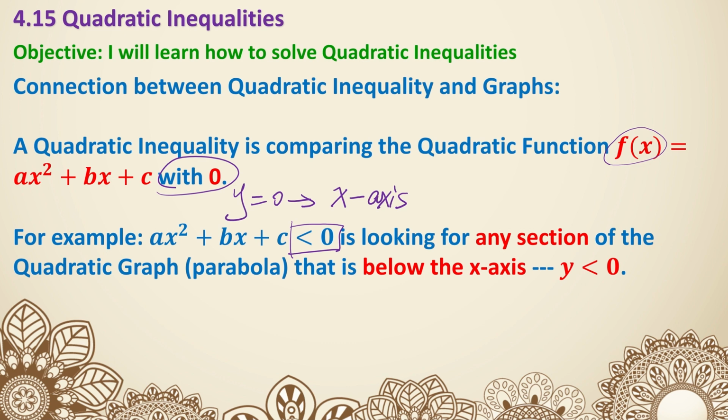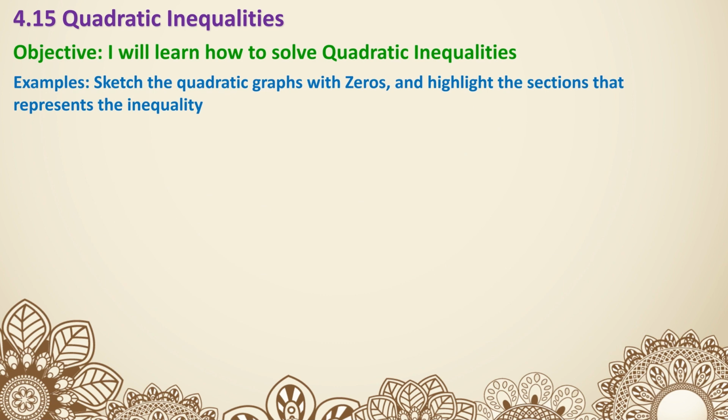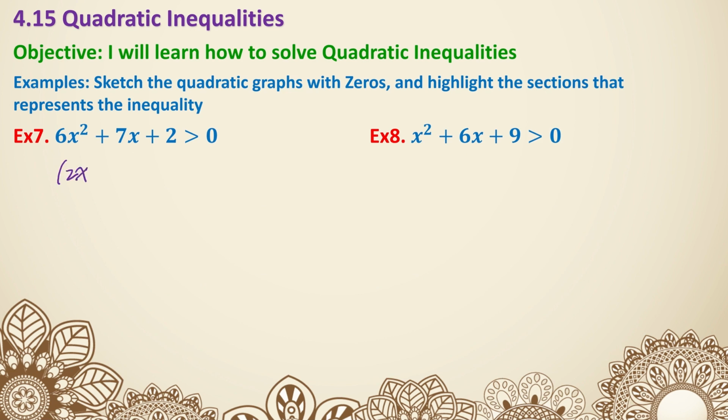Now let's look at some examples to make the process a bit faster. There you go, example 7. You can actually factor that one. 2x plus 1, 3x plus 2, greater than 0. So the two numbers we got are negative 2/3 and negative 1/2.